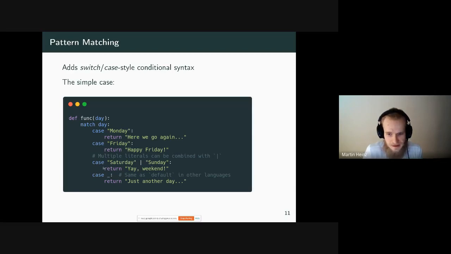And there's also a wildcard, which is underscore, a kind of throwaway variable, which acts the same way as a default in other languages. This is a catch-all variable, and if you omit it, it's a no-op, so it kind of falls through and returns None.